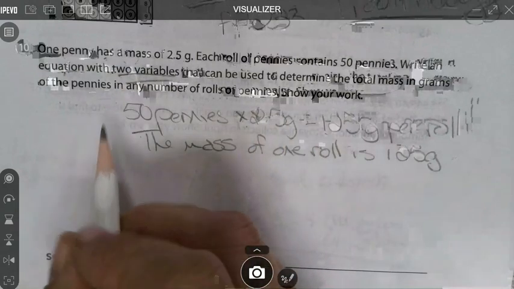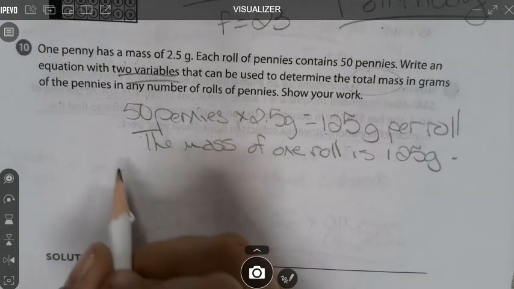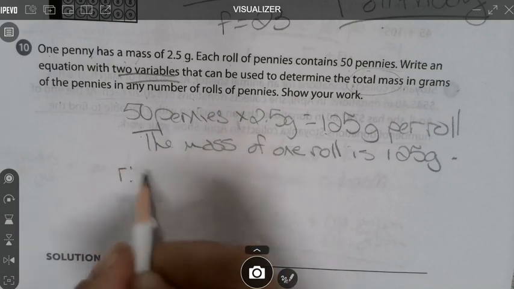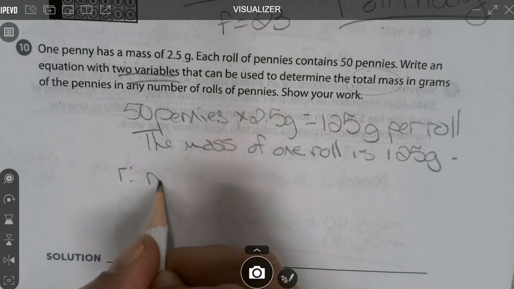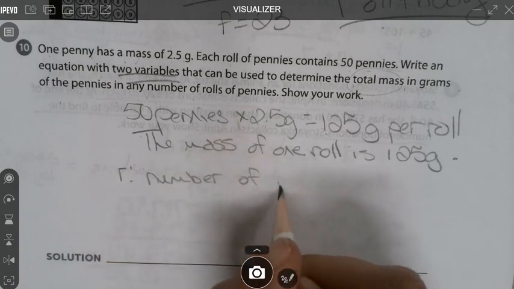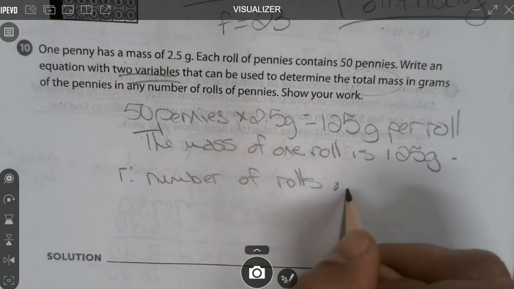Let's do R for the rolls. So let's do R is the number of rolls of pennies.